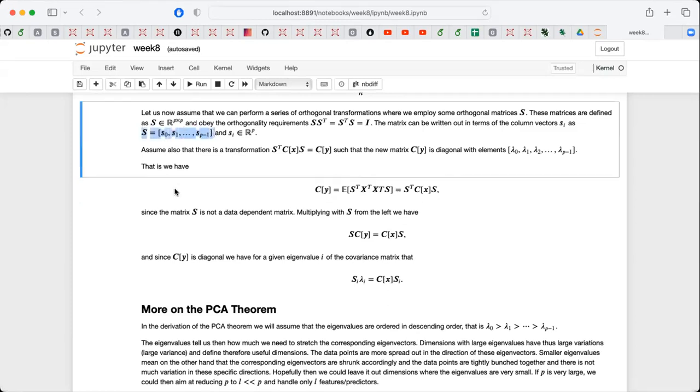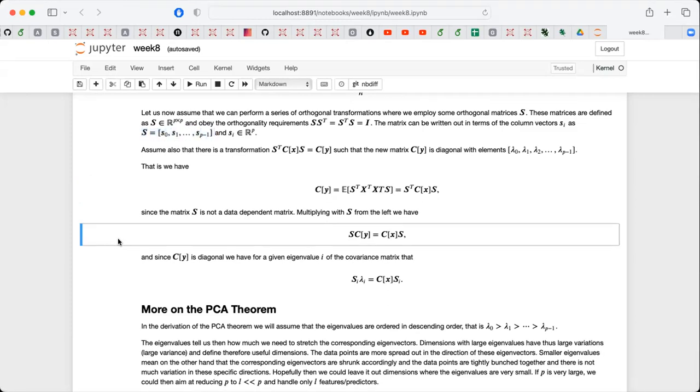These are the so-called orthogonal vectors of the matrix S. And you can show that since it's an orthogonal matrix, if I take the inner product of Si with Sj, this has to be equal to 0, unless i is equal to j.